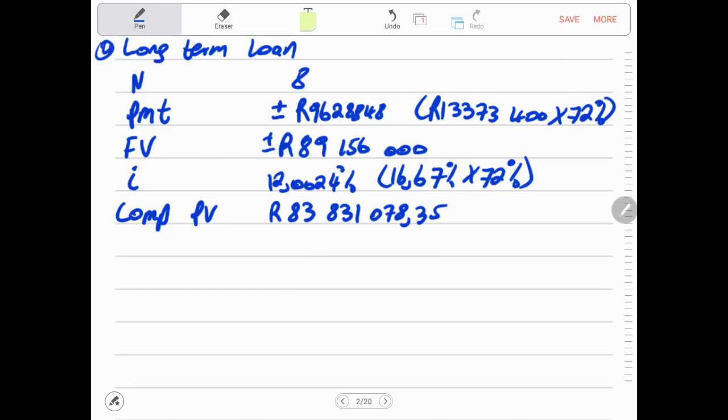So this is what to take into account. Let me look at when I'm only taking 12%, because the figure sometimes gets a bit different, but it won't matter. 8 being N, 12 being I, 89,156,000 plus or minus future value, and 9,628,848 plus or minus PMT, and I compute my present value.